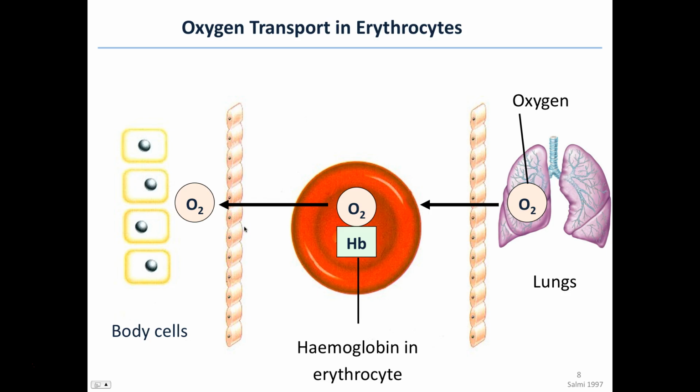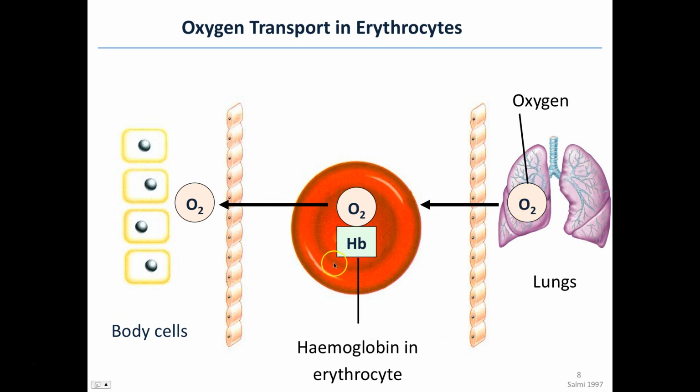So this slide shows how oxygen is moved from the lungs, in this image, through to the body cells. Oxygen in the alveoli within the lungs diffuses into the bloodstream. At this point, it will bind with the hemoglobin in the red blood cells, which is what we're seeing at this point here.